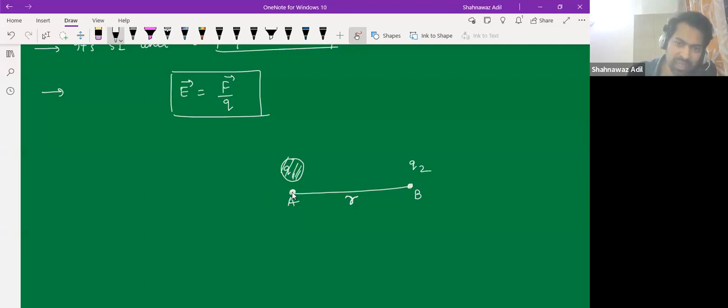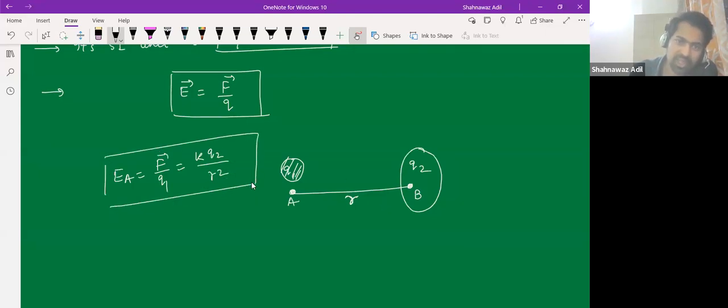So the electric field at point A would be due to this charge, the space around Q2 in which we can experience this Coulomb force, right? So that is called the electric field. So the electric field at A, EA, would be F by Q1. So this would be KQ2 by R square. Okay, is that clear?